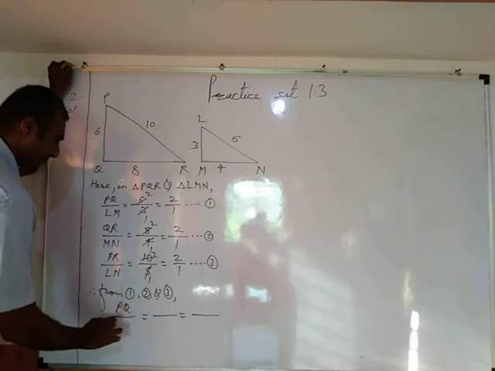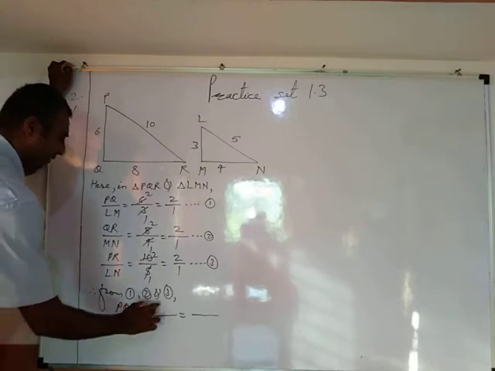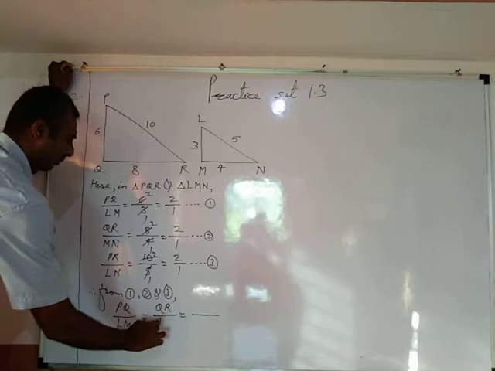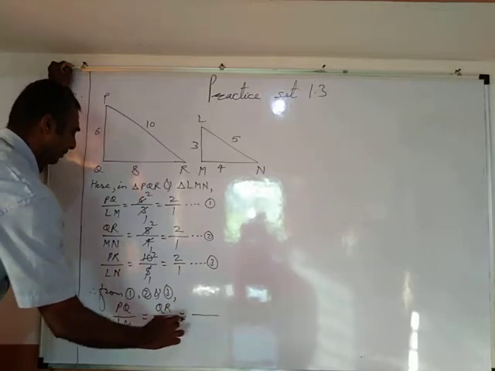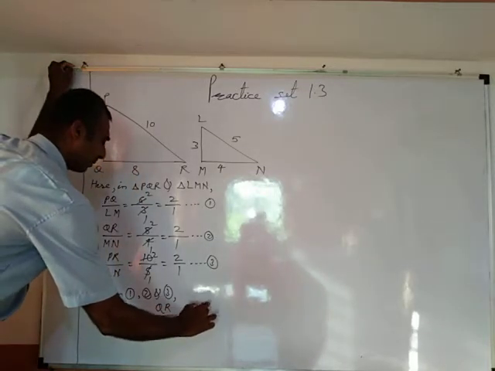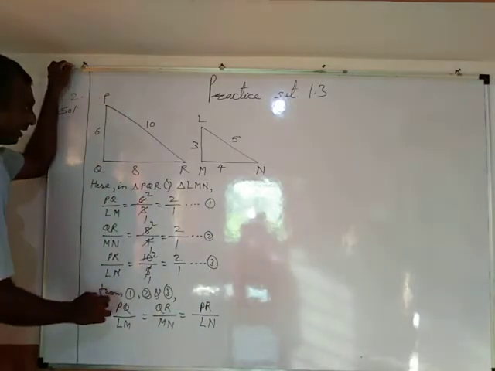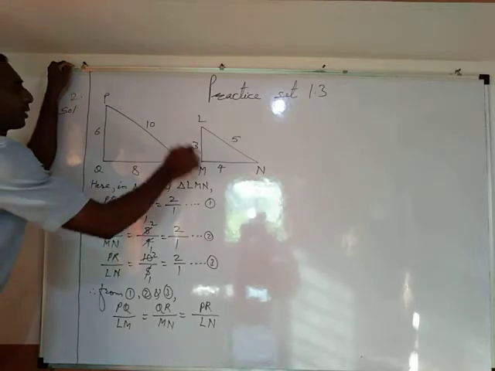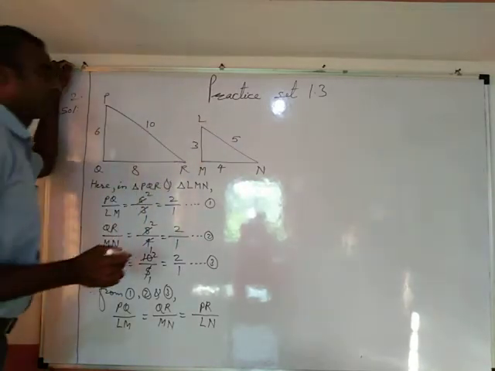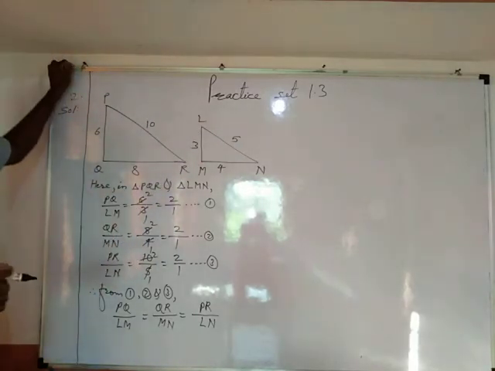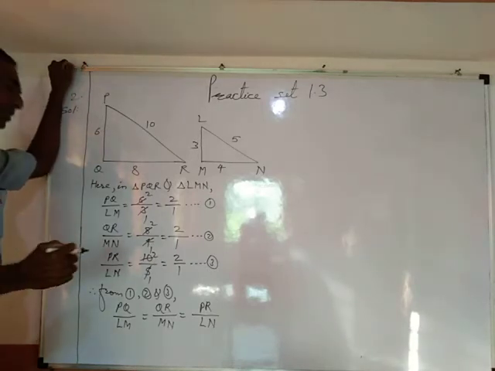Means PQ upon LM equals QR upon MN equals PR upon LN. As three sides of one triangle are in proportion with three corresponding sides of the other triangle, therefore triangles are similar by SSS test.